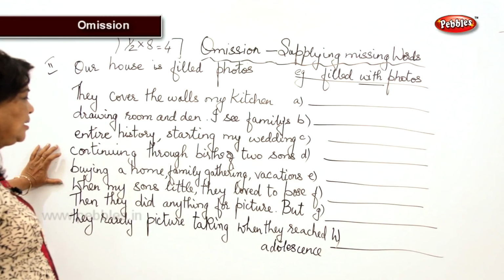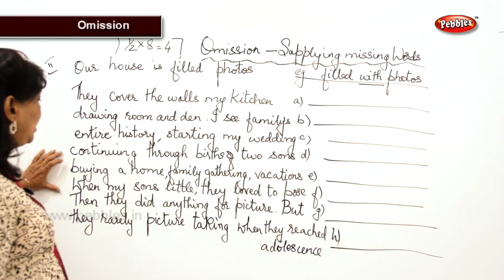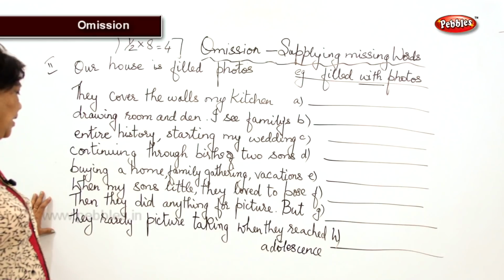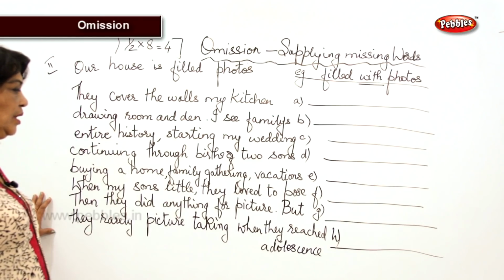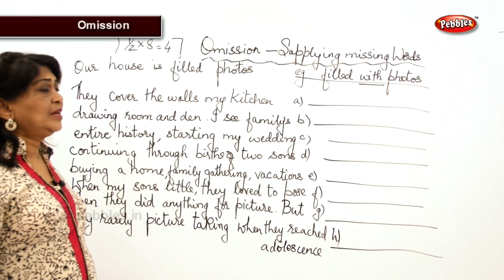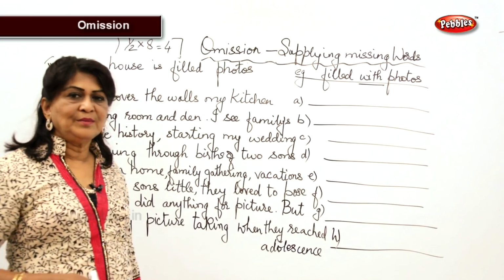When my sons little, they loved to pose, when they did anything for picture. But they rarely picture taking when they reached adolescence. So, if you read it this way, it doesn't make sense at all because certain words are missing.